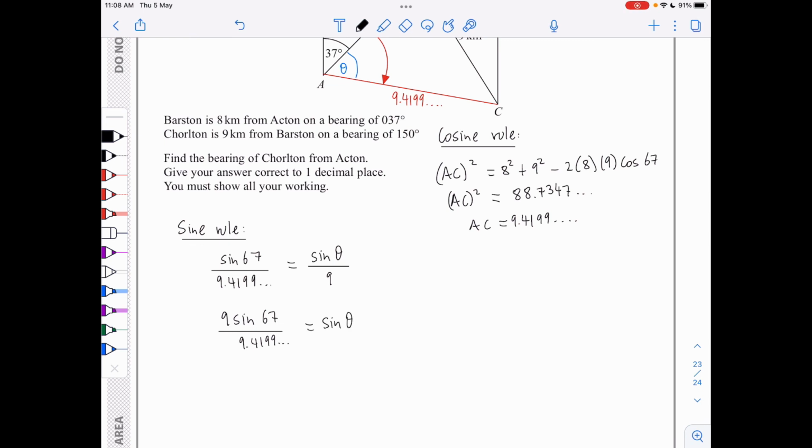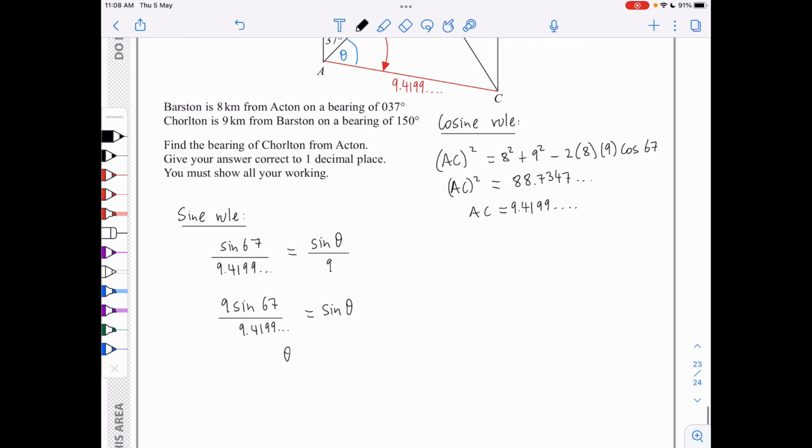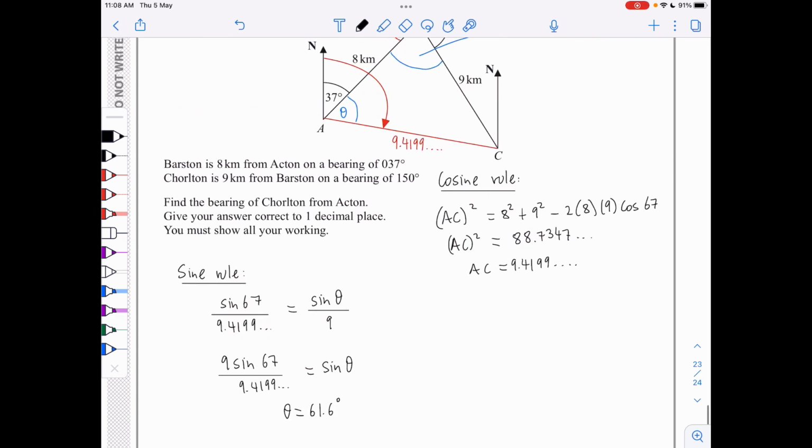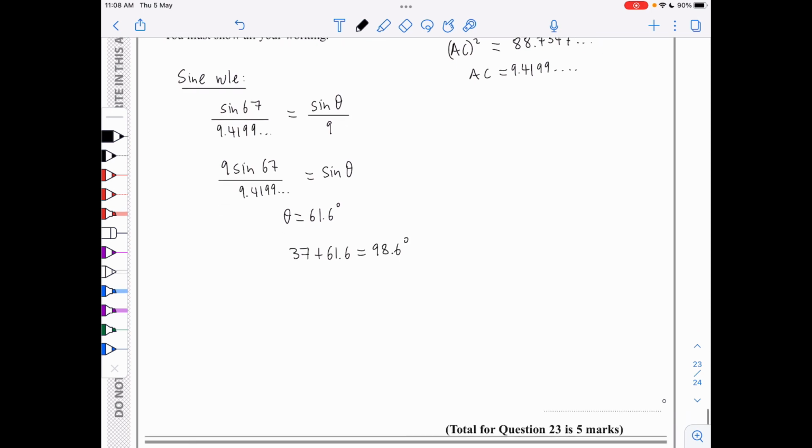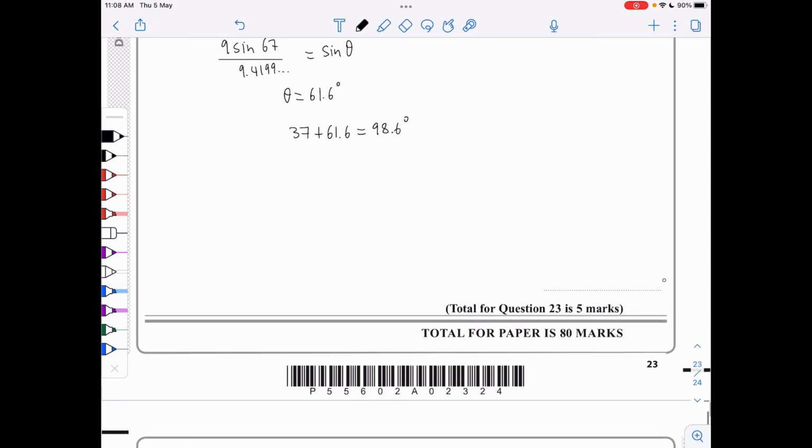And if I do shift sine of that, I will get theta to be 61.6 degrees. Remember, I'm not done. The question was asking for the bearing of C from A. So I will have to add the 37 onto theta to find the bearing. So 37 plus 61.6 is equal to 98.6. The answer has to be given to 1 decimal place. So it's going to be 98.6.